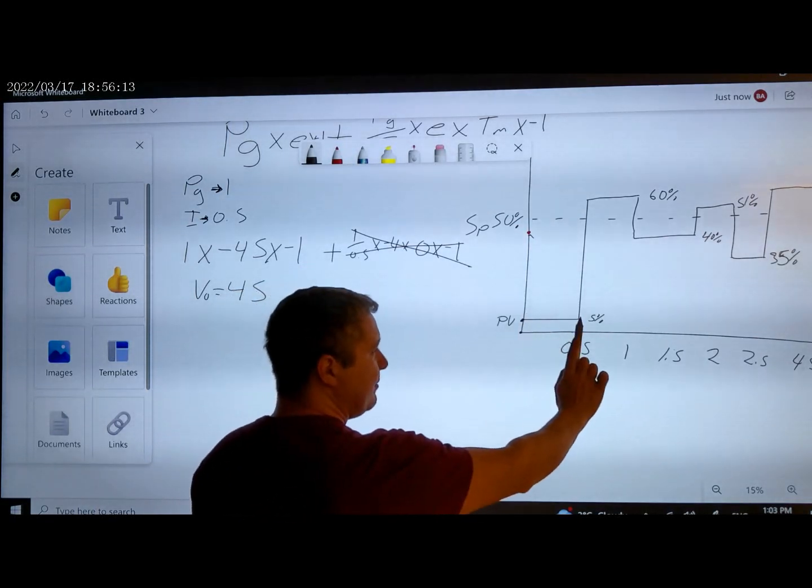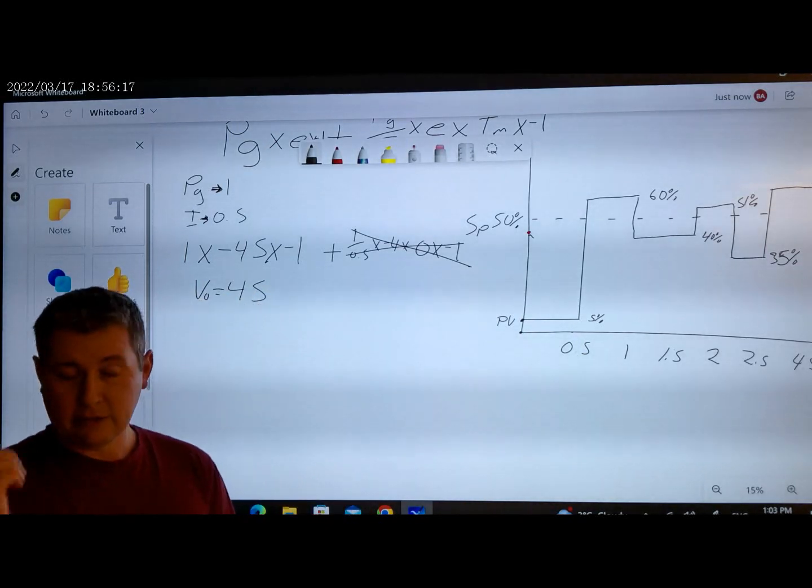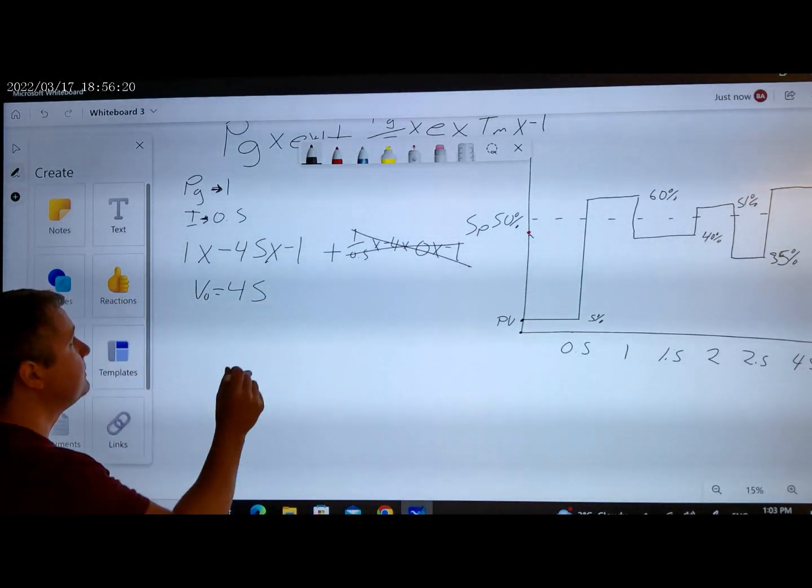But over time, our integral is going to play a factor. So now we have to calculate out our integral.